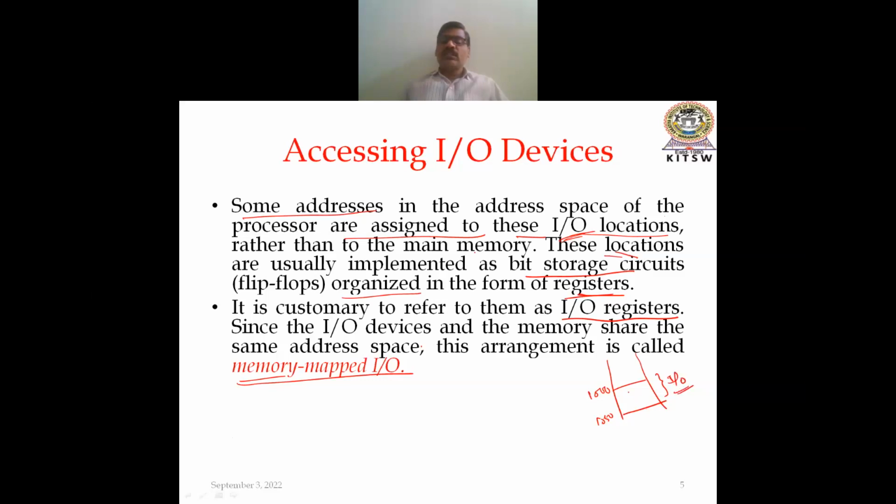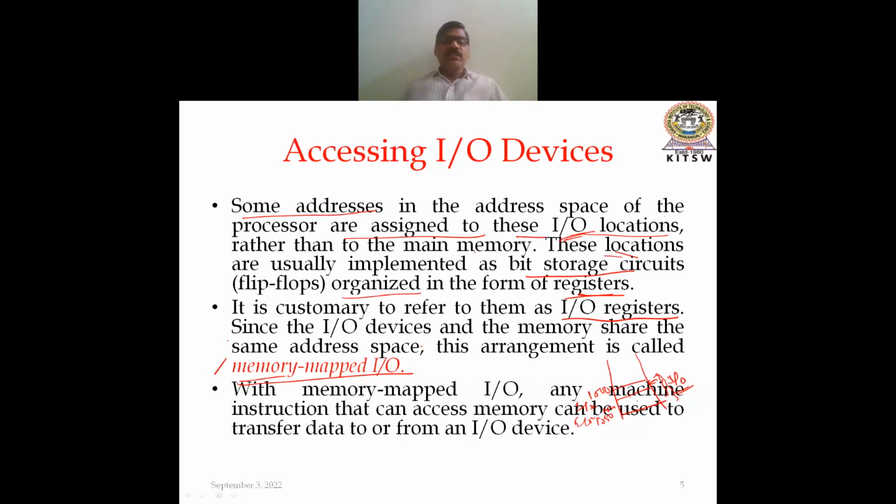So each IO device is mapped to a particular memory address. At memory address 1000, IO device 1 is mapped, and at memory address 1004, IO device 2 is mapped. Like that we are mapping the N number of IO devices onto these designated IO memory addresses. This arrangement is called memory mapped IO.